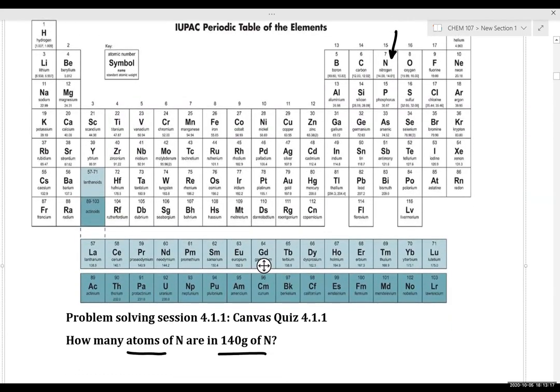So let's work on this problem for about 3 to 4 minutes, and then we'll discuss.